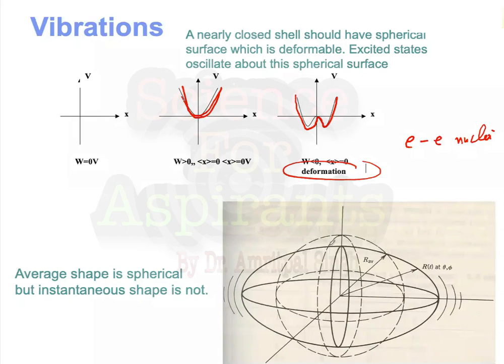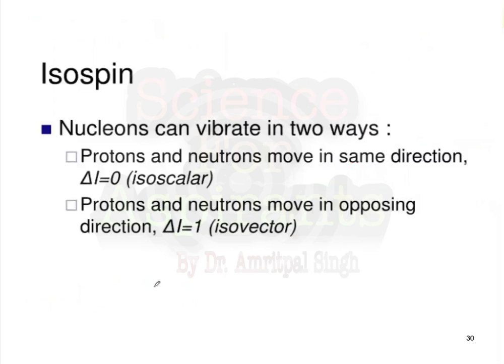So this diagram represents how the shape of this nucleus is continuously changing due to the change in the radius of the nucleus in 3 dimensions. The average shape of the nucleus is spherical, but its instantaneous shape is not spherical, and its shape changes depending upon how the neutrons and protons interact within this nucleus.